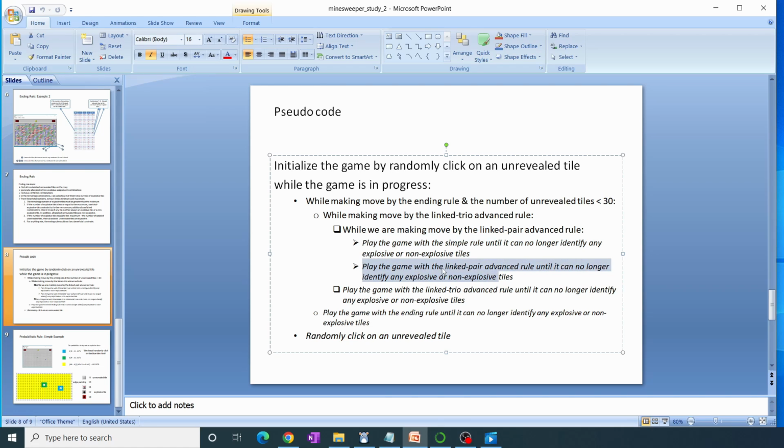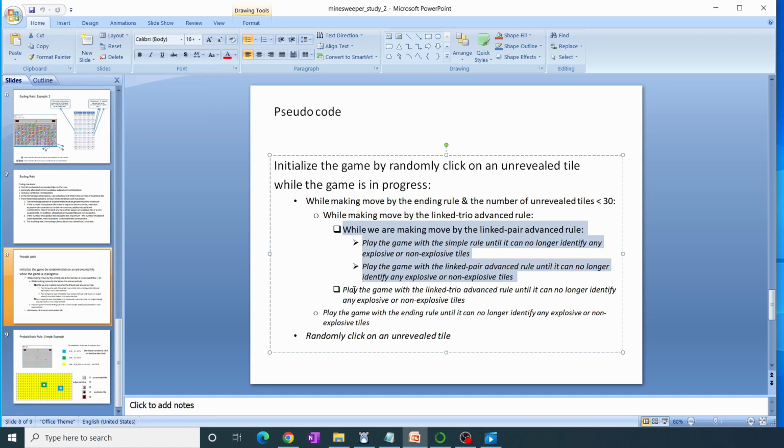However, during the linked pair playing, even if it makes just a single move, we want to go back to the simple rule and check the simple rule again, because that one linked pair move might unlock more simple rule moves. So the most inner two activities will keep looping until we are not making any more moves by the linked pair move.